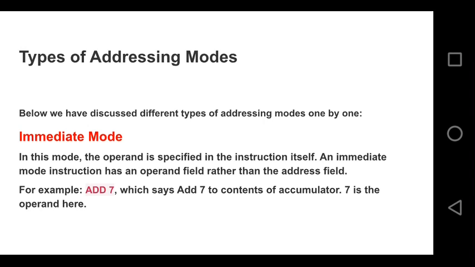An immediate mode instruction has an operand field rather than an address field. So remember, the operand is available immediately within the instruction itself. The immediate addressing mode has an operand field rather than an address field.